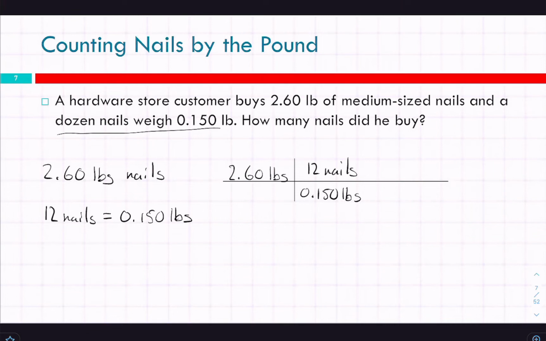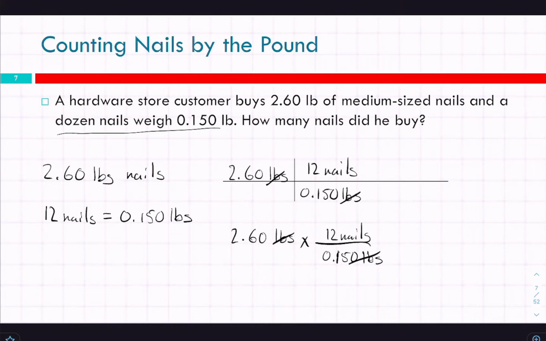That's our conversion factor between nails and pounds. And then, because this is the first time I've done this, this is the same as doing this. So our pounds of nails will cancel out, and we'll just be left with the number of nails that are in that 2.6 pounds.